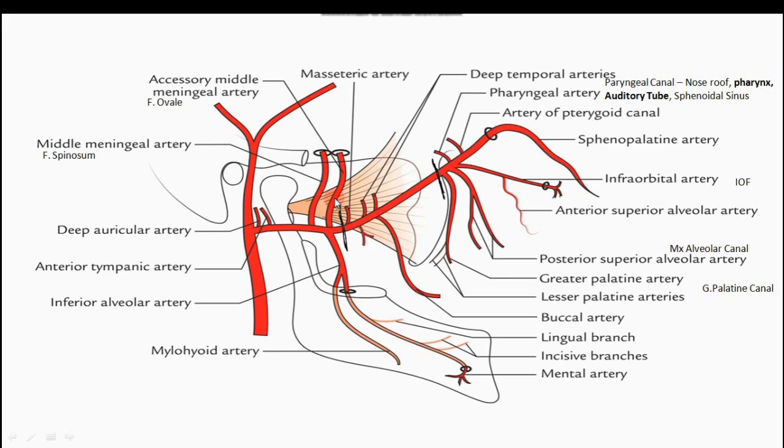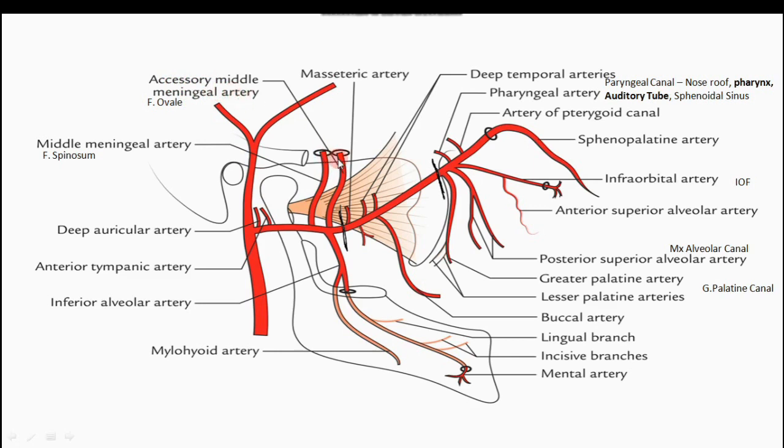Now next, as it is moving ahead, it gives another branch which is known as the accessory middle meningeal artery. This branch moves superiorly and enters through the foramen ovale. I showed you the foramen spinosum and foramen ovale at the beginning of this lecture. Clear? As its name is accessory middle meningeal, the key word is what?